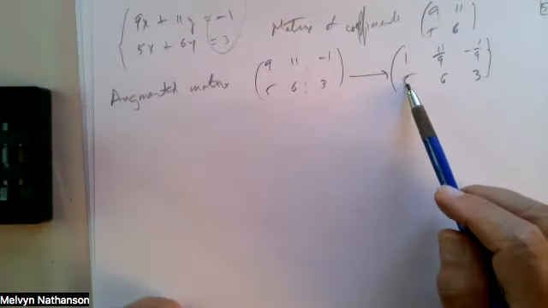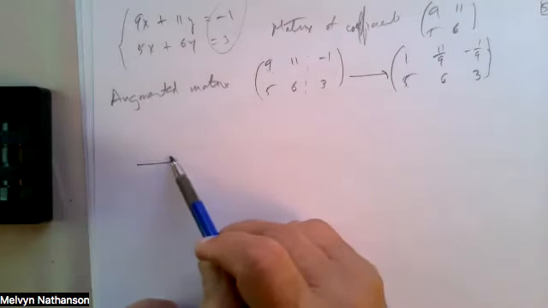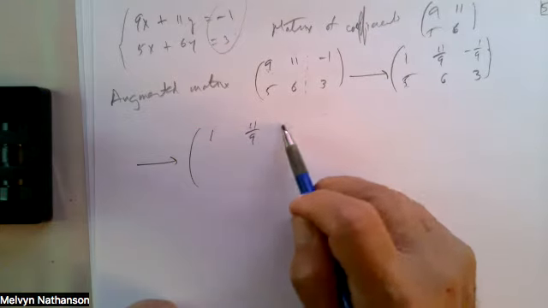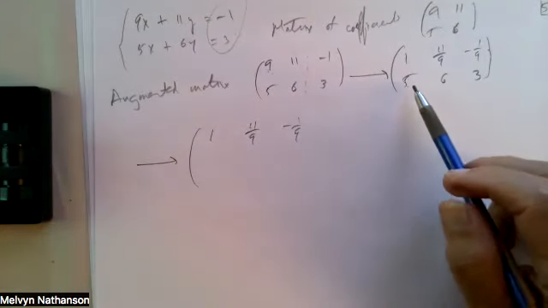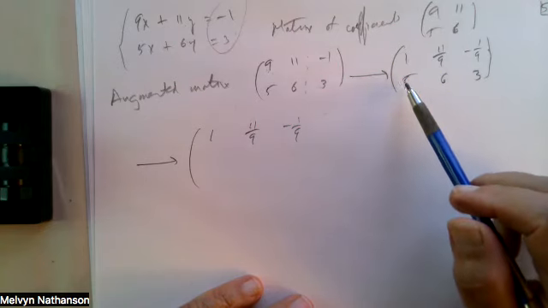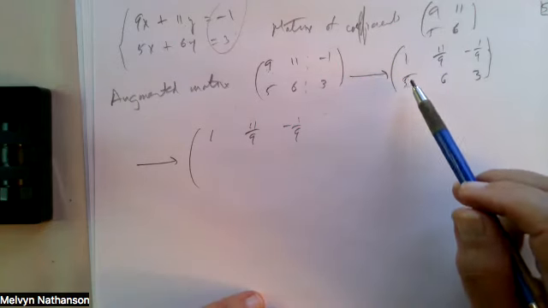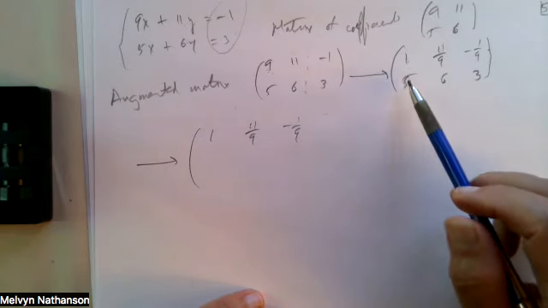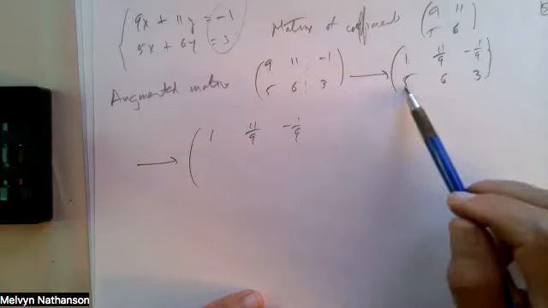Underneath that 1, I need to get a 0. So what can I do? I have the first row. And if I add minus 5 times the first row to the second, or equivalently, if I subtract 5 times the first row from the second, I end up with a 0 here.